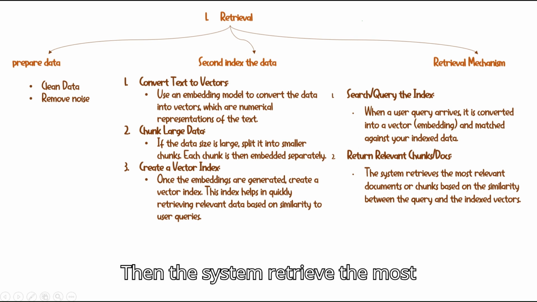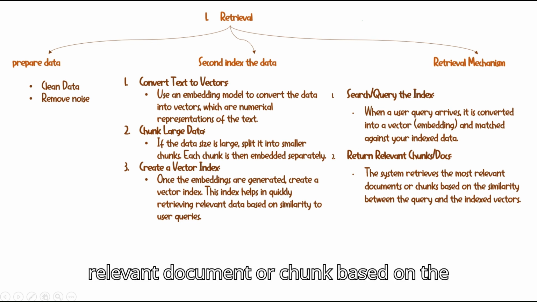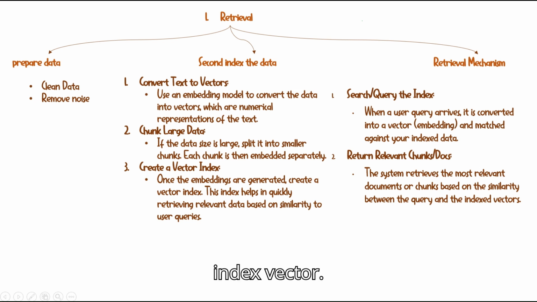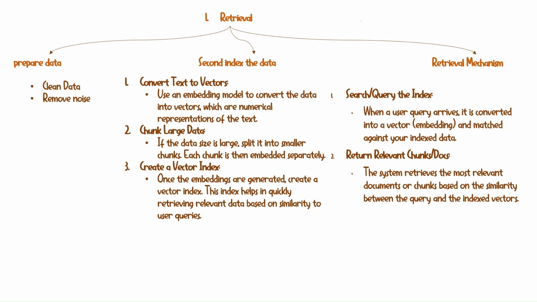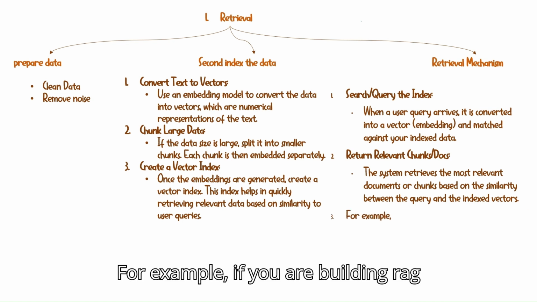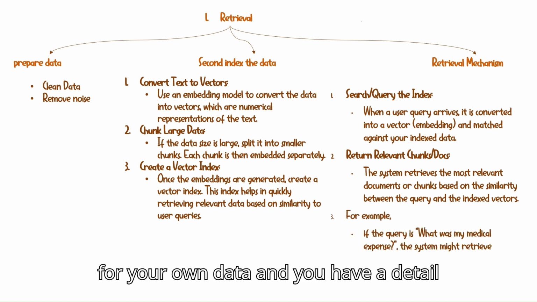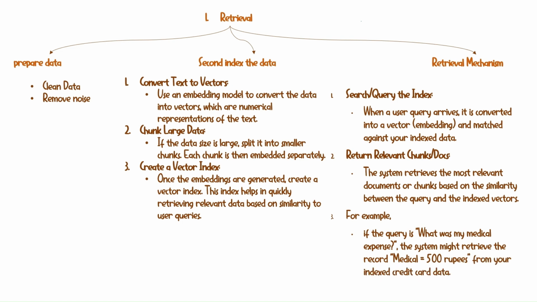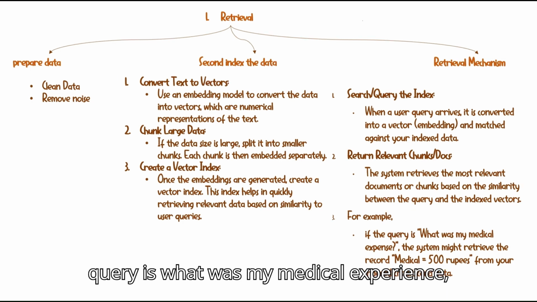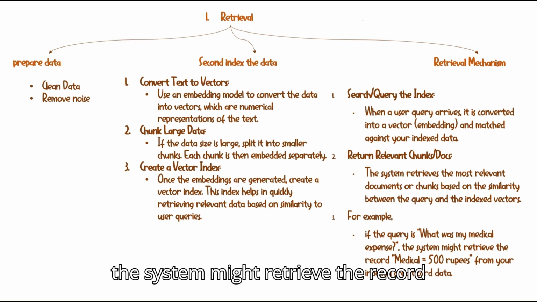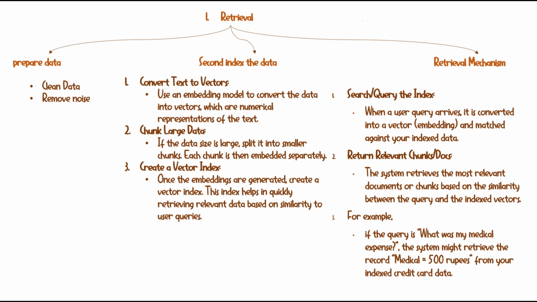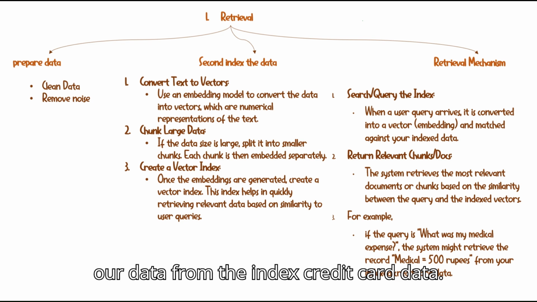Then the system retrieves the most relevant document or chunk based on the similarity between the query and the index vectors. For example, if you are building RAG for your own data and you have the details of a credit card bill, and your query is what was my medical expense, the system might retrieve the record medical equals 500 rupees, as per our data, from the indexed credit card data.